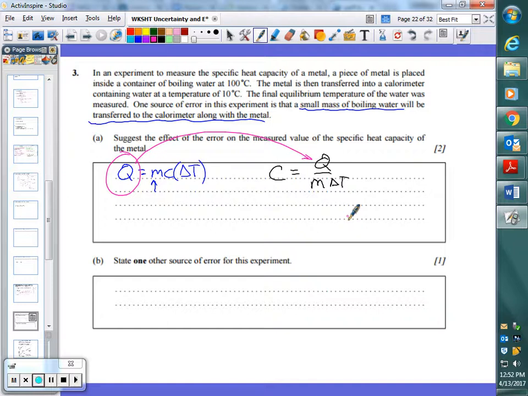So if you know how much heat energy the water in the calorimeter gains, you'll know how much heat energy the metal loses. Does that make sense? Because of conservation, right? If one's gaining energy, the other one has to be losing energy, right?